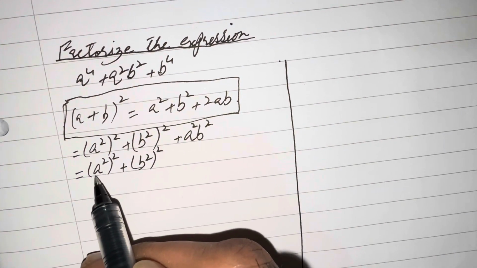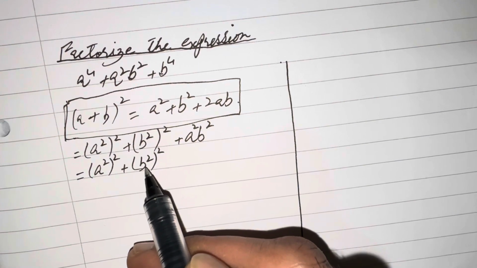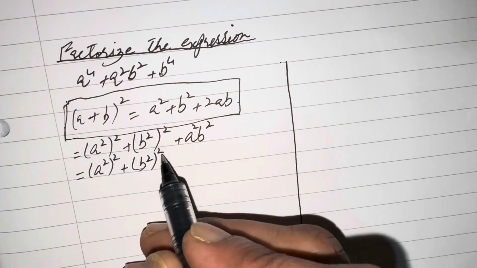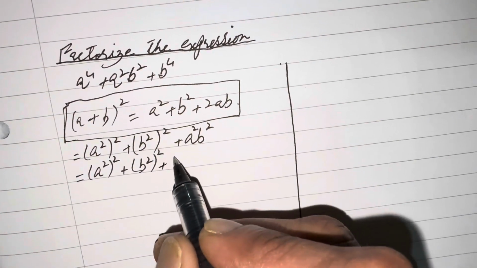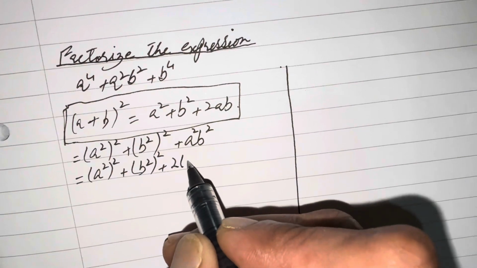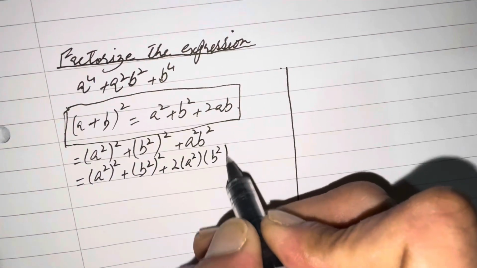So remember that the first term is given as a square and the second term is given as b square. So square of first plus square of second plus 2 into first into second, a square into b square.